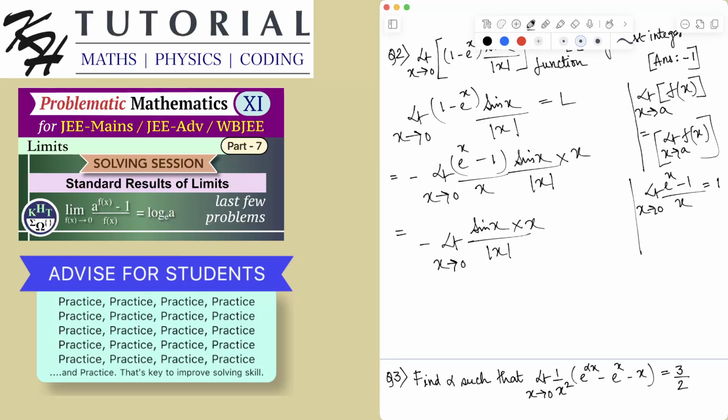I think the limiting value of this will be 0, negative of 0. Now the limit as x tends to 0 of sin x multiplied by x divided by mod x.